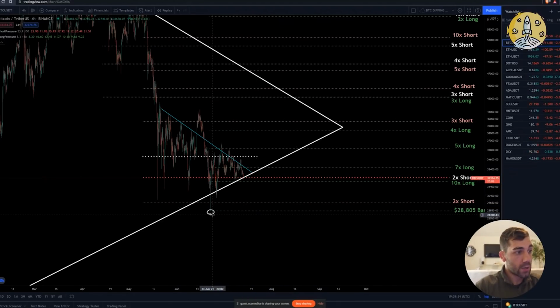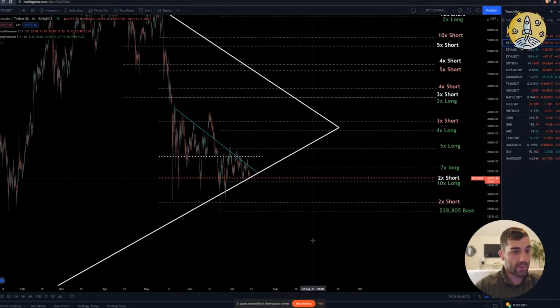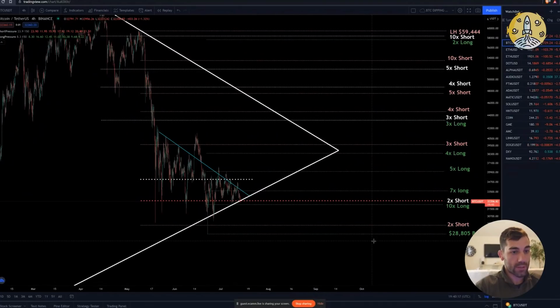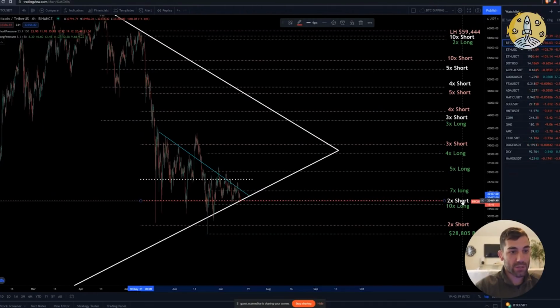Okay. So, based off of this level and using a little bit of math, understanding how leverage trading and liquidations work, we can populate support and resistance levels that are going to be centered around a large amount of leveraged trading. Currently, we're looking at the 2x short level, this big red dashed line.